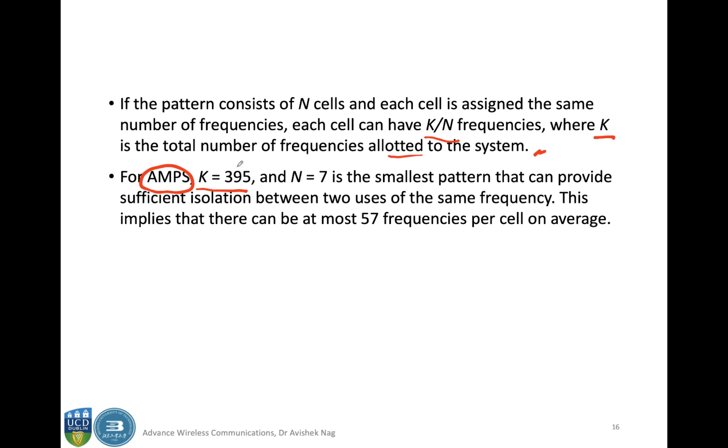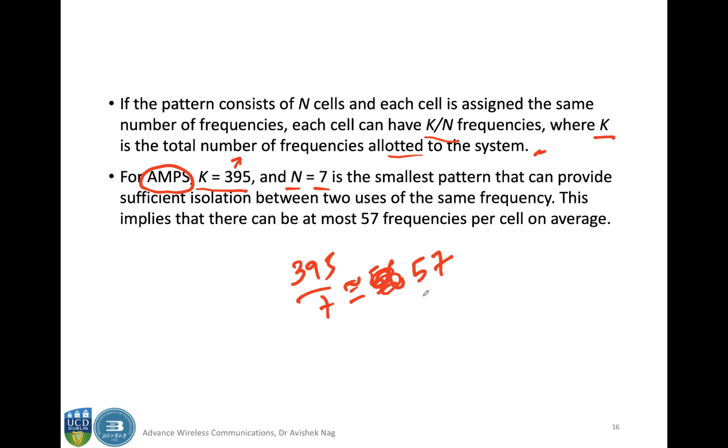So we have 395 frequencies overall to use. If you set your N equal to 7, which is the smallest pattern that can provide sufficient isolation between two uses of the same frequency, then you can have 395 by 7, so roughly 57.